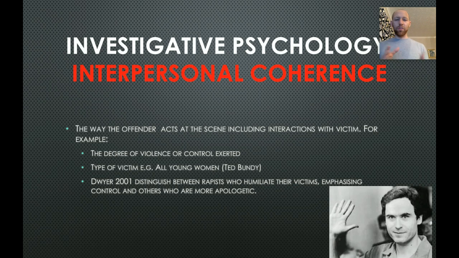Dwyer, for example, distinguished between two categories of rapists: those who seek to control and humiliate their victims, and those who were quite apologetic. And he hypothesized that these individuals would behave in a similar way in their personal lives.